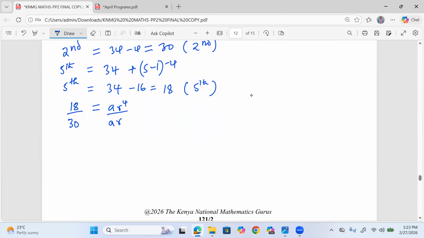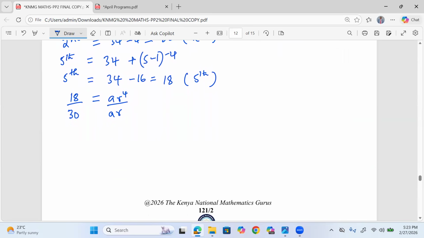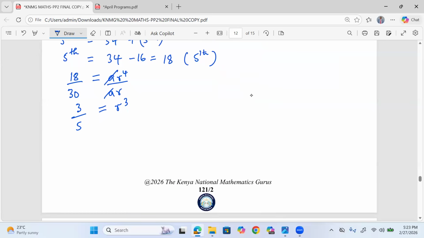So from these, by 3 we can get 6, or we can divide by 6, we get 3, and by 6 we get 5. This is equal to, A can simplify, and 1 R simplifies to give us R power 3. So R power 3 equals 3 over 5. 3 divided by 5 is 0.6.